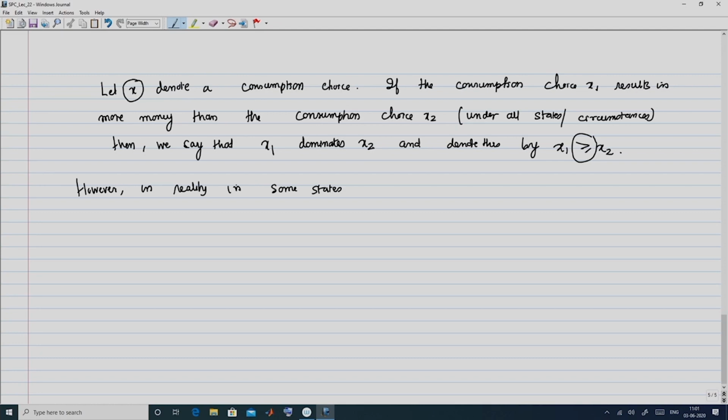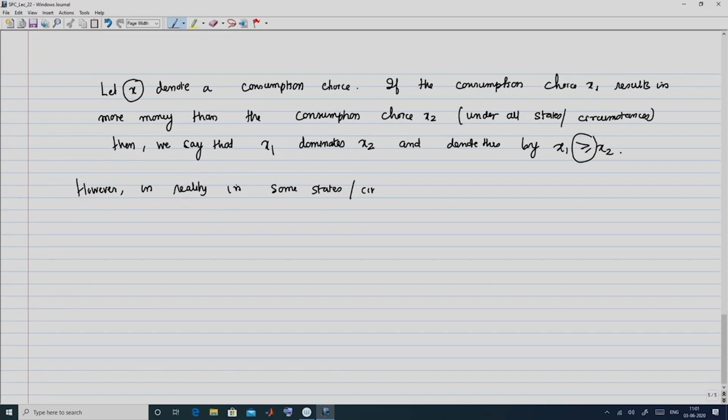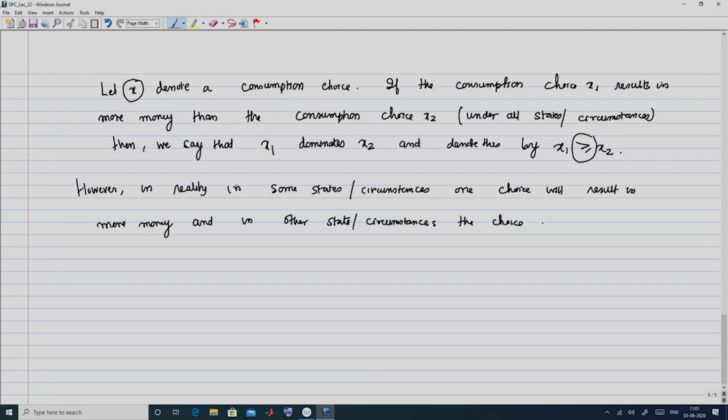So, a similar kind of argument will now result in the following statement, that in reality in some states or circumstances, one choice will result in more money, and in other states or circumstances the same choice will result in less money.